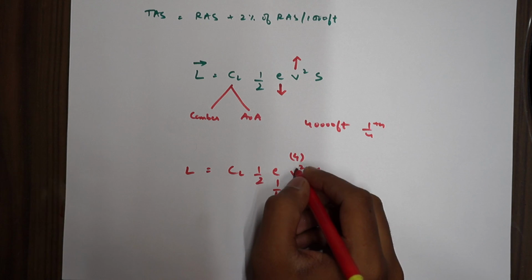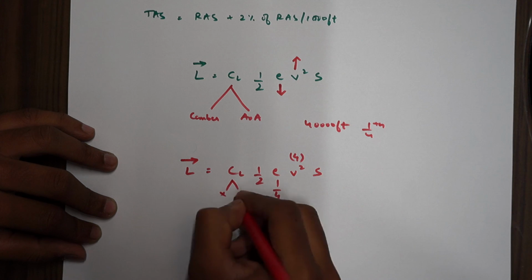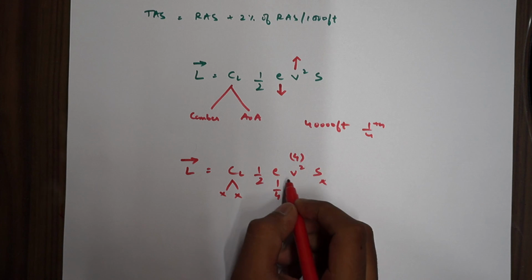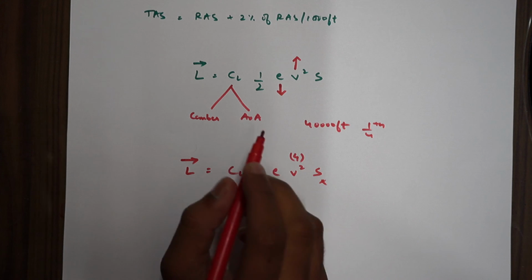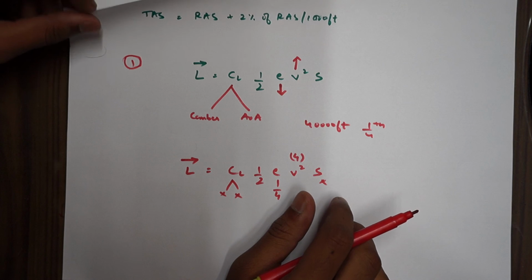The TAS has to increase by 4 times to maintain constant lift, keeping other parameters all constant. Okay, so if you are at 40,000 feet, you have to 4 times the TAS to keep a constant lift. So this is the application 1 of the lift equation.